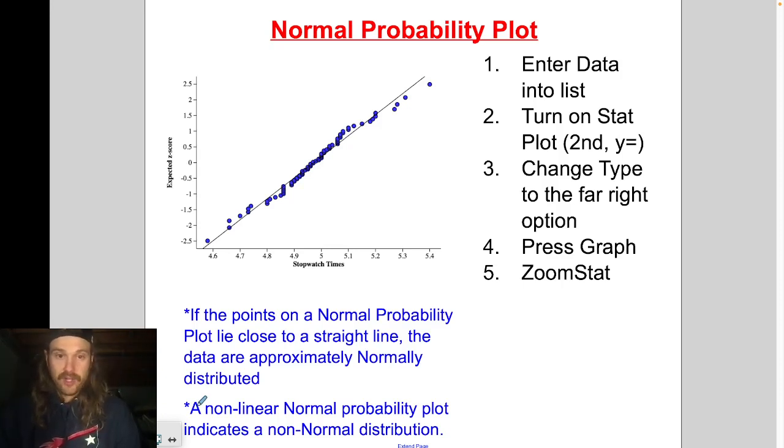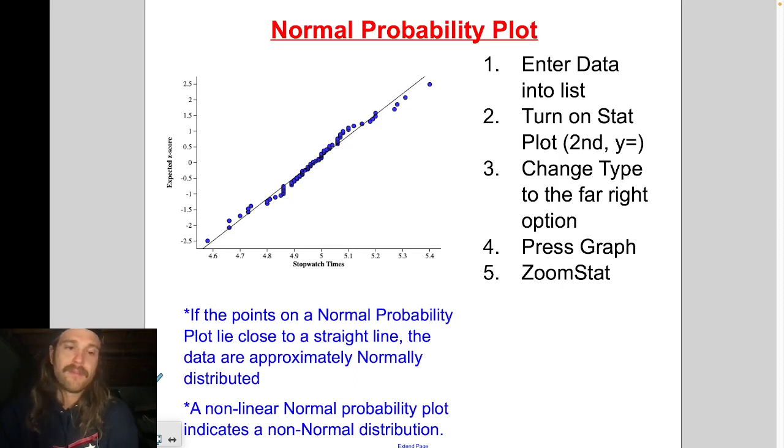Basically, it's a really quick way to determine whether or not something is normally distributed. If the data seems to lie in roughly a straight line on a normal probability plot, then if it's close to a straight line, then the data are approximately normally distributed.